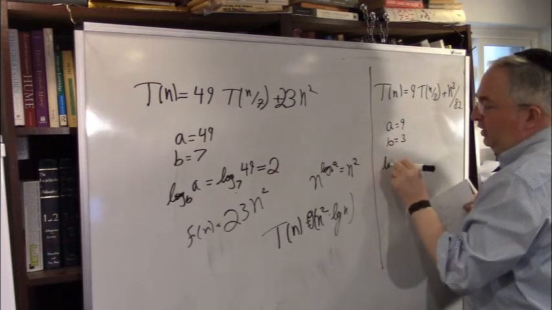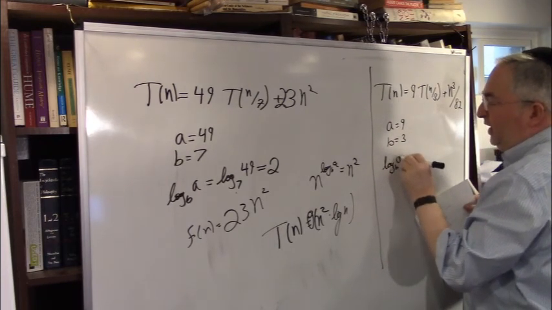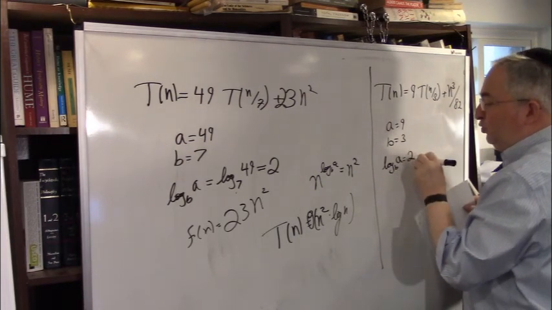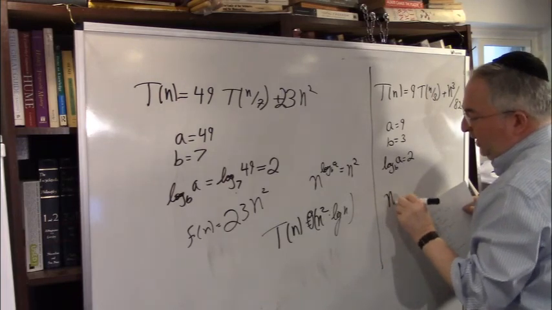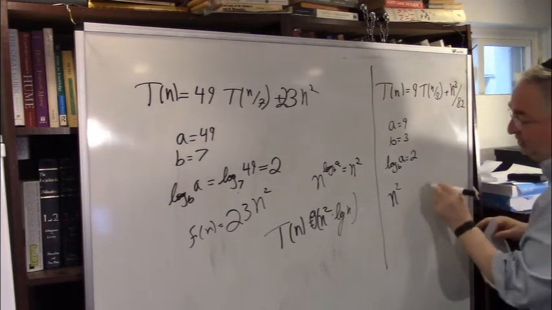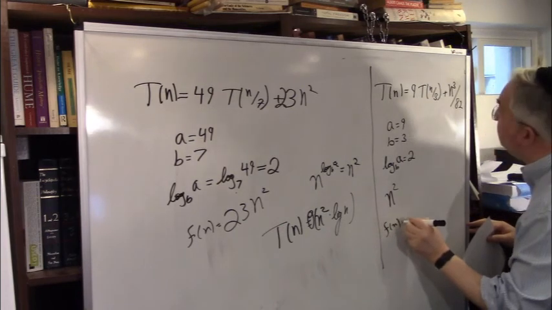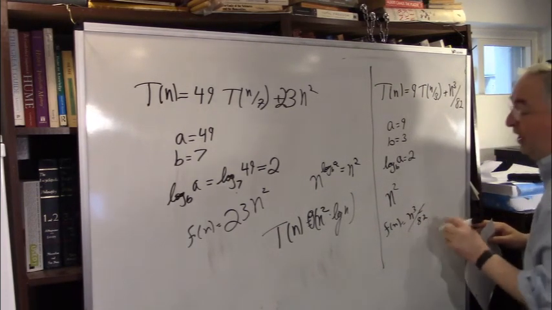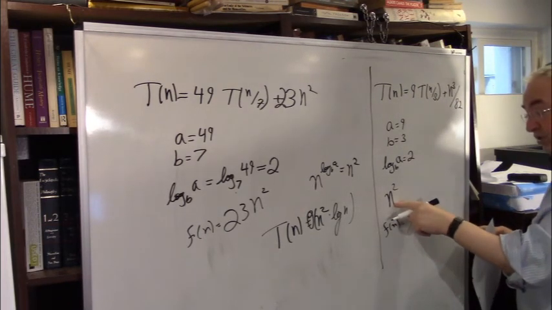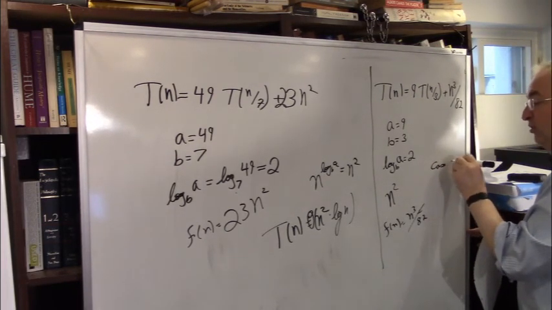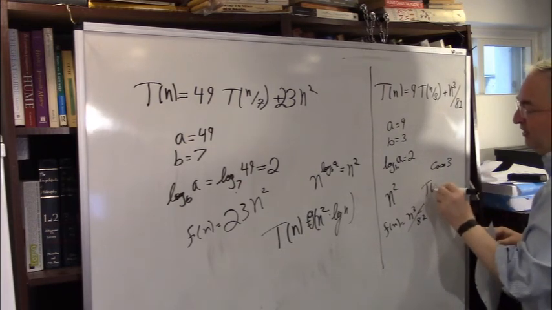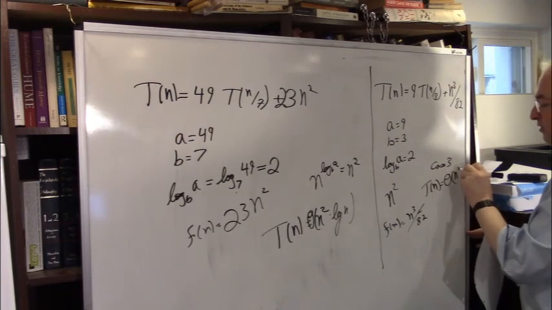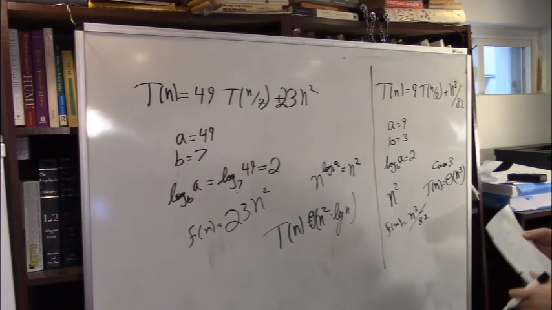Log base b of a: what do you have to raise 3 to in order to get 9? Answer is 2. So basically we look at n squared, and here we look at n to the third. F of n is equal to n to the third divided by 82. F grows faster, so this is case 3, and T of n is equal to theta of n to the third. That's the third case.